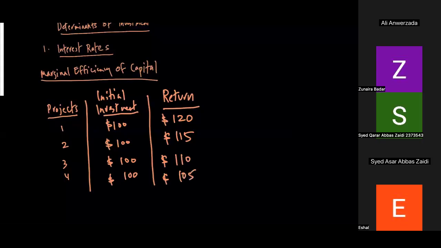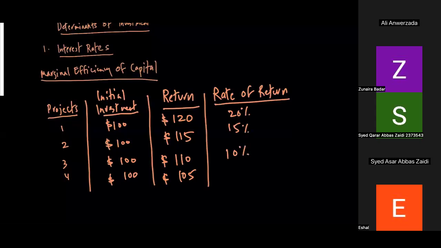So you can see that all of these projects have some return. Now, if I ask you what's the rate of return, it will be 20% from this one, 15% from this one, 10% from this one, 5% from this one.